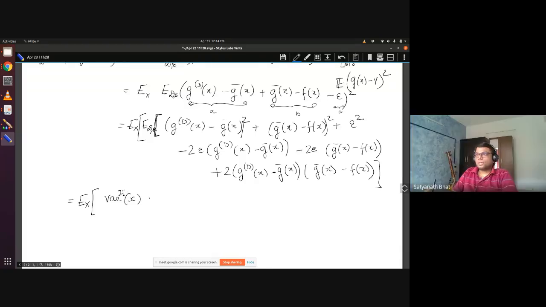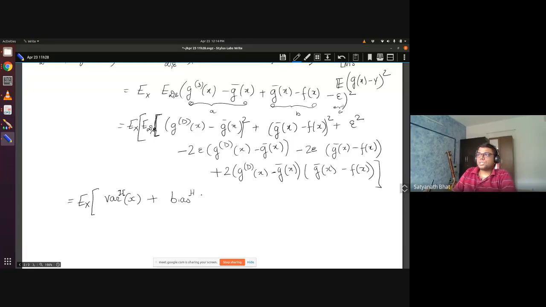Okay, now the second term, this is telling how much my average hypothesis is differing from the underlying target, right? How much this difference is coming. So this we will call bias.